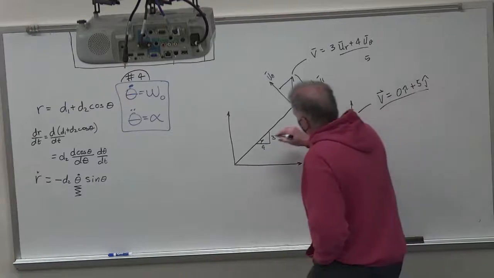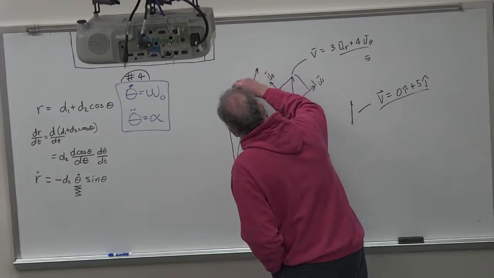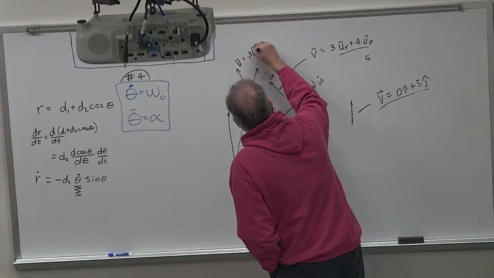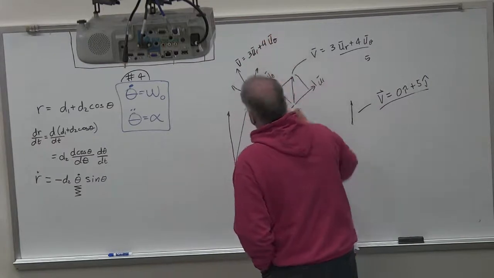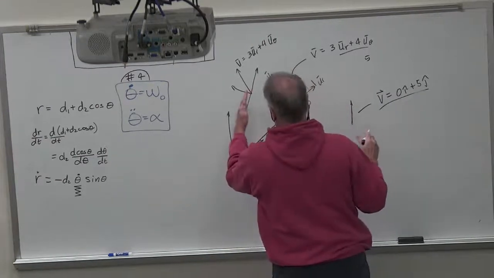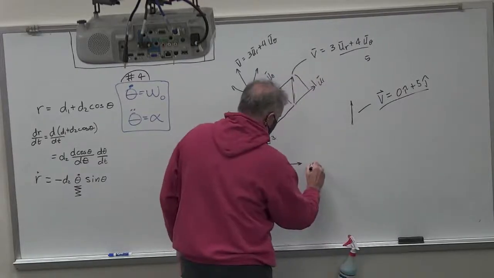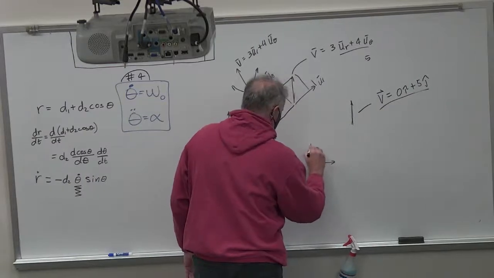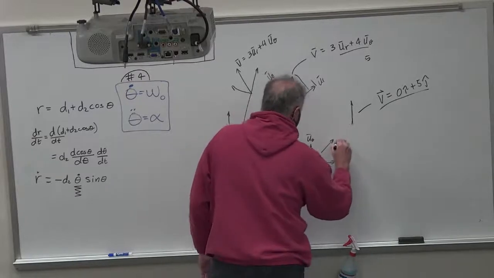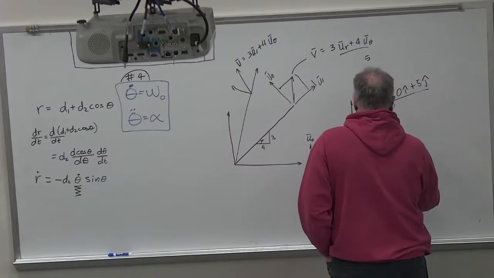And what's funny is, you can have the same vector over here, meaning you can have v equal to 3ur plus 4u theta. That's not the same thing in ij because it moved. And then another thing you can do is you can take this thing and line it up with the axis. I mean, this is crazy. ur and u theta. And so v will be 3ur plus 4u theta.